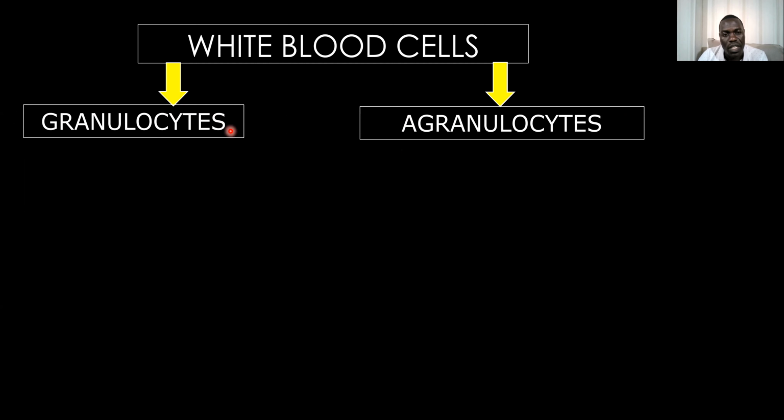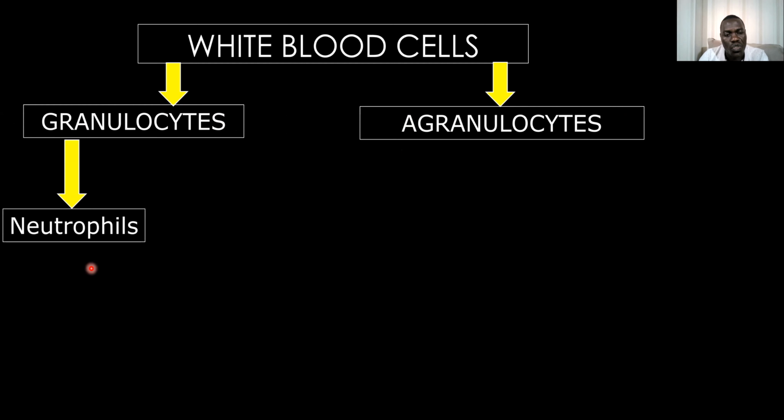Granulocytes are of three types. We have the neutrophils. These are the majority of the white blood cells, and therefore by default, the majority of the granulocytes. Neutrophils consist of about 50 to 70% of all white blood cells. So they're the majority.